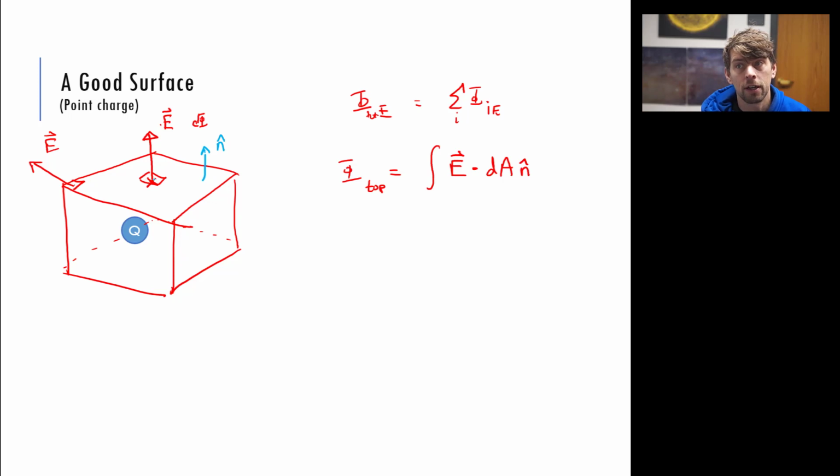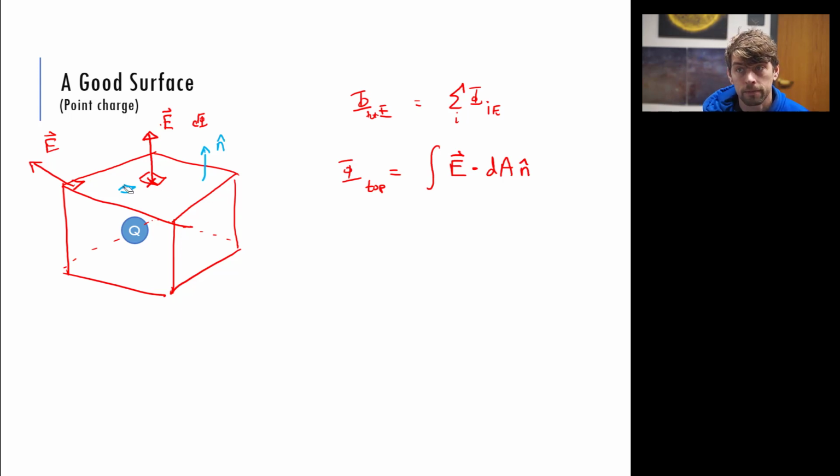Directly above the charge, the electric field and n hat are pointing in the same direction. They're parallel. That's easy for that one small infinitesimal piece. But as I move around the surface of that box, the electric field points in varying directions, and so the dot product becomes a lot more difficult.